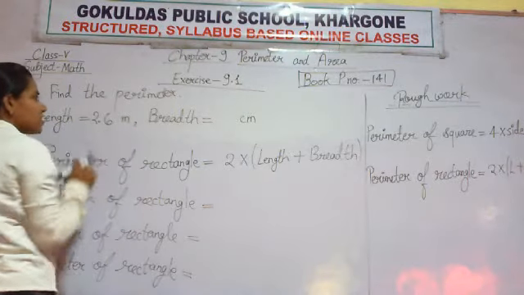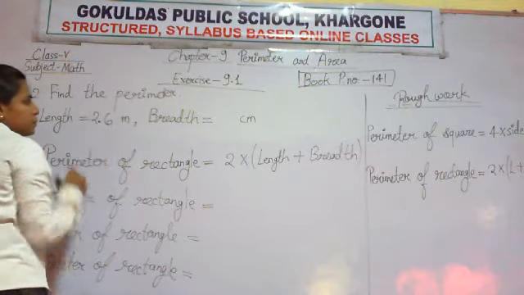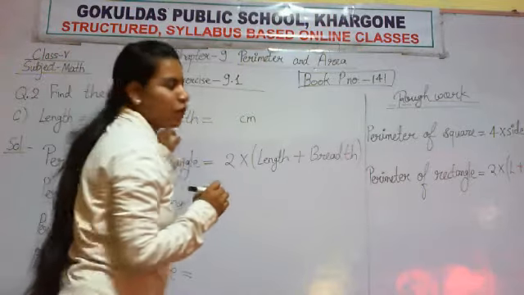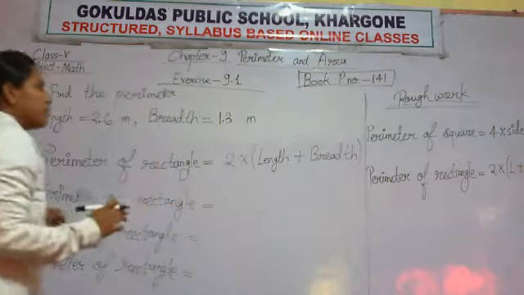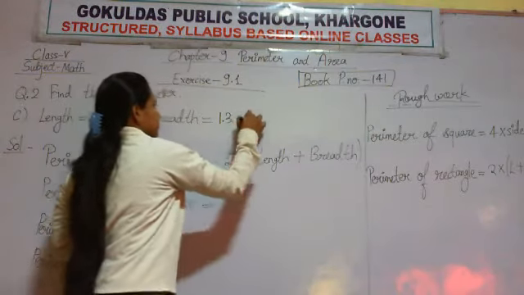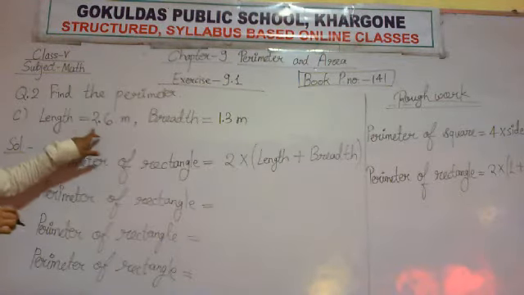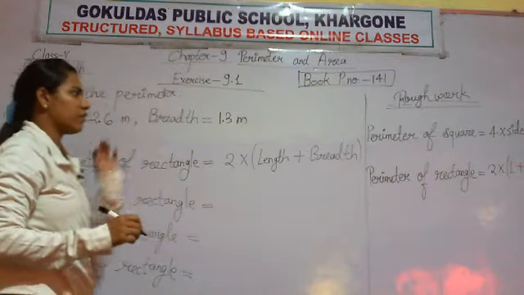Length is 2.6 meter. It is a decimal number. Now breadth given is 1.3 meter. Right? Length is 2.6 meter and breadth is 1.3 meter.